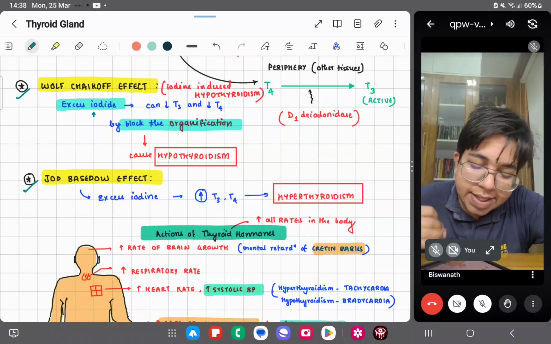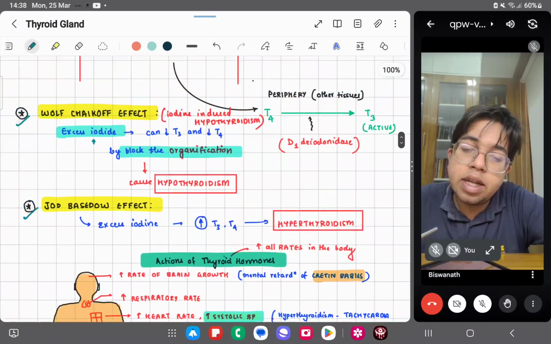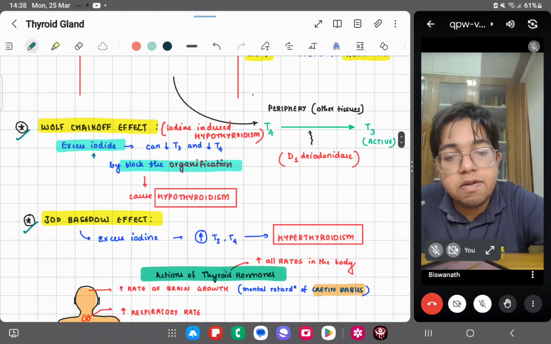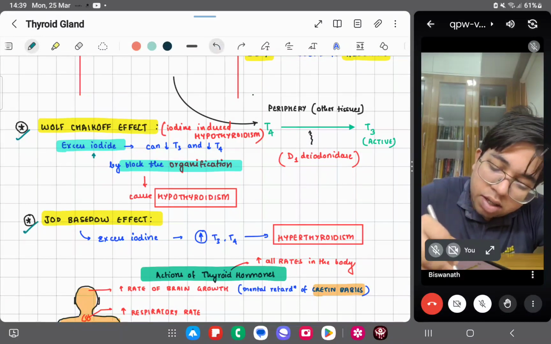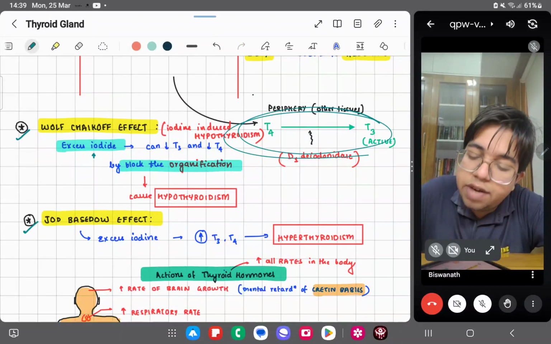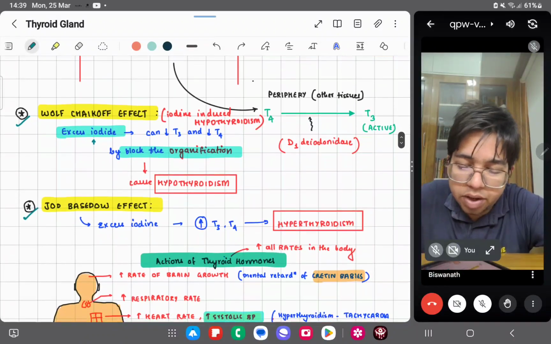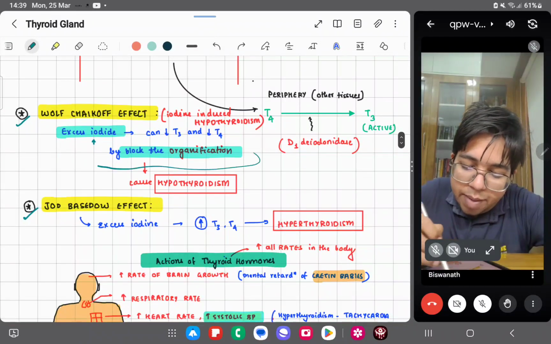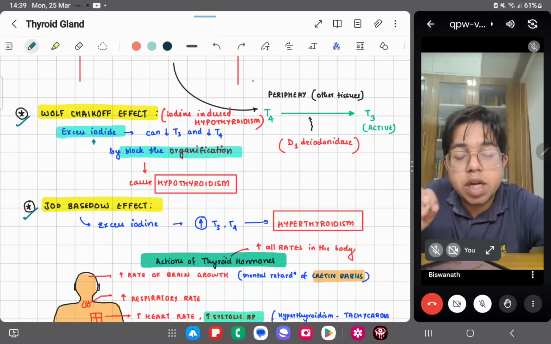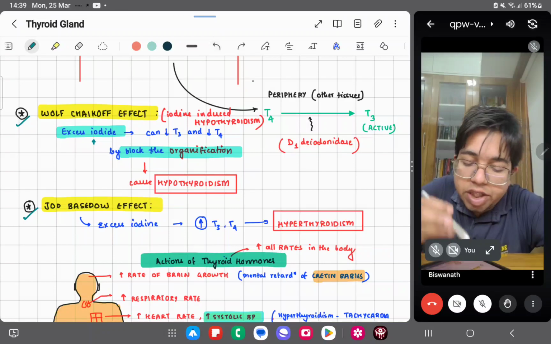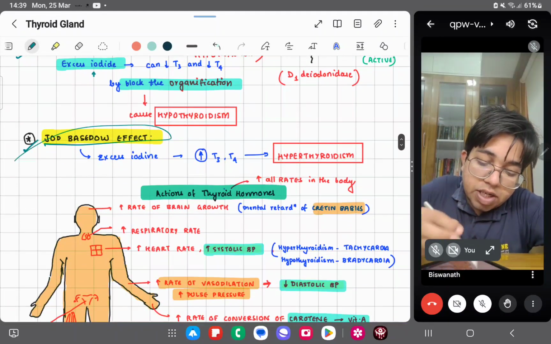So if there is excess iodine, there is decreased T3 and T4, because an enzyme acts, called D1 deiodinase, which will break down T4 to active T3. Basically, excess iodine will have a feedback effect to block the organification step and cause hypothyroidism.